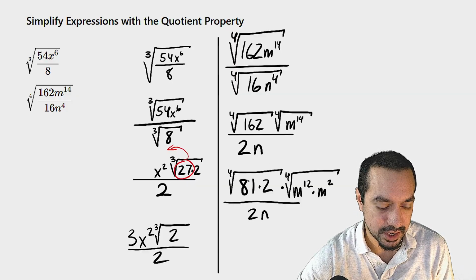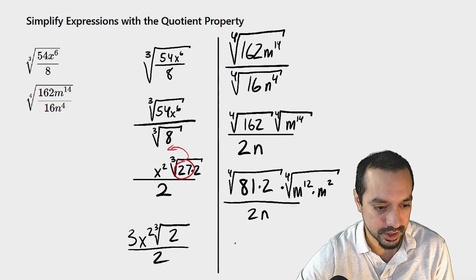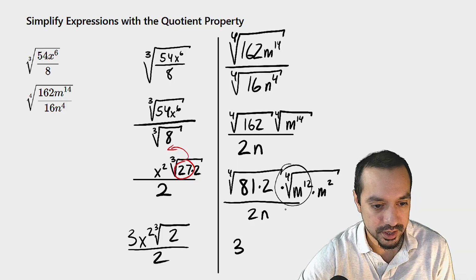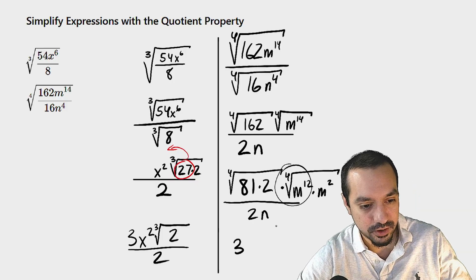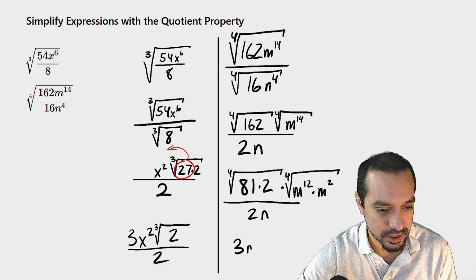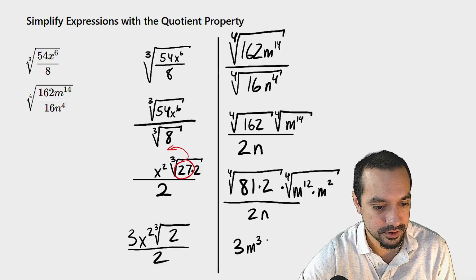As far as 81 goes, the fourth root of 81 is 3, so I can go ahead and say 3. I'm also going to do this m to the 12th, which gives me m cubed.